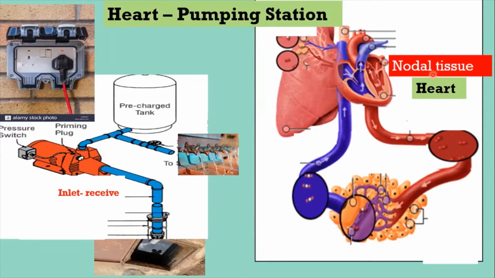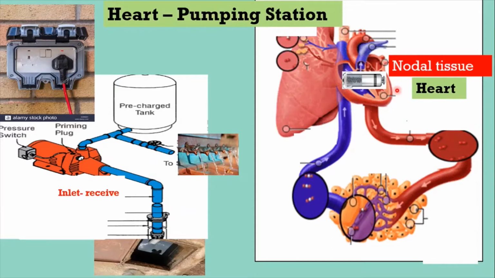But our heart starts working from embryonic stage and continues its action till death without any external source of stimulation. It doesn't require any other stimulus or pushback from other tissues of the body. Then how can it be able to beat on its own?